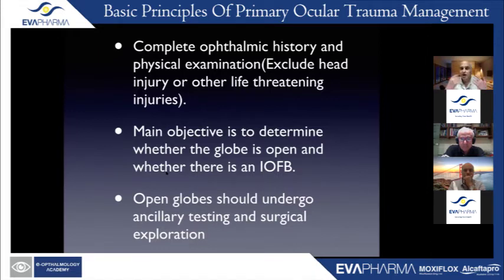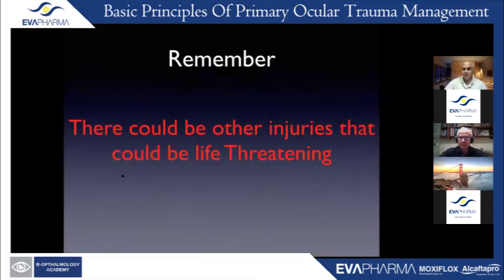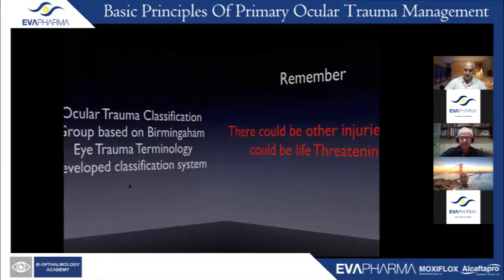But remember, you will never use any pressure on the eye. You will never put eye drops in an open globe injury, but you might need to do a CT in such cases. Remember, there could be other injuries that could be life-threatening. This is very important in multi-organ injuries.